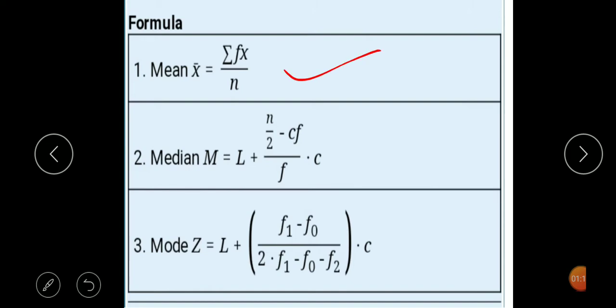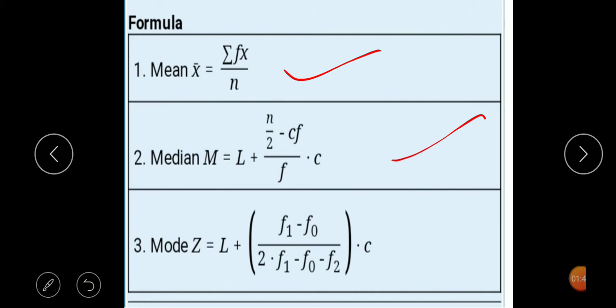What is median? Median is equal to L plus (n upon 2 minus cf) upon f, multiplied by c, the class size. L stands for the lower limit of the class interval, n by 2 is half of the sum of frequencies, minus cumulative frequency, divided by f, multiplied by the class size. Now mode.